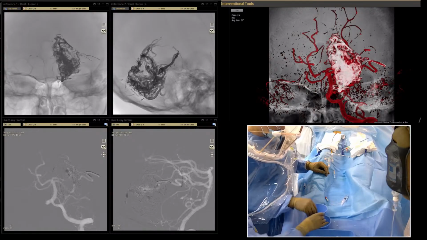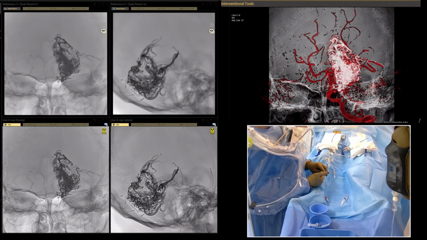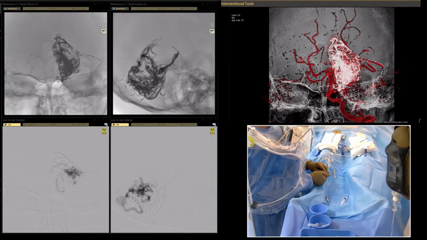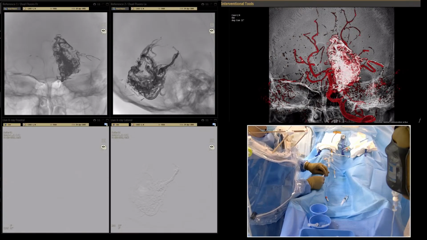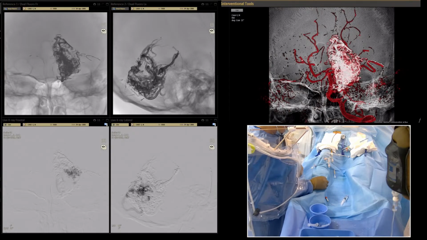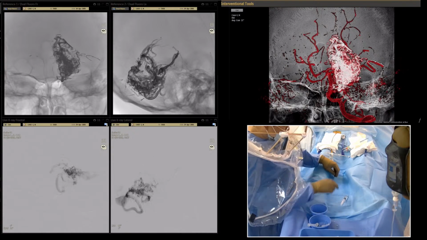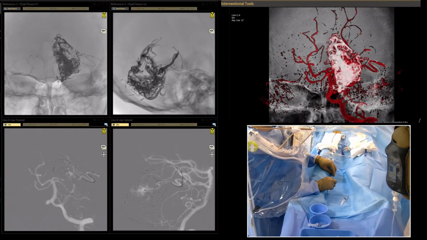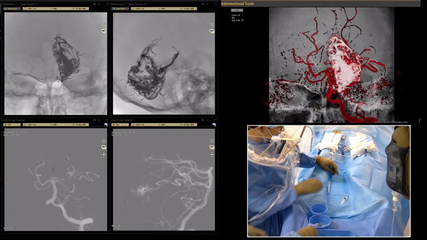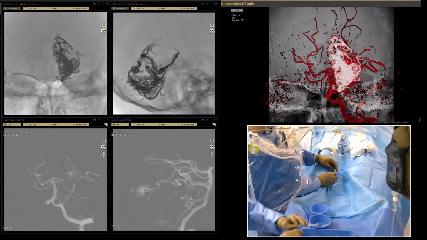Then we can place a couple of Microplex coils. And then, no, it's okay. Now it's better. Even the Headway, so soft a microcatheter, we couldn't push through all this tortuosity.